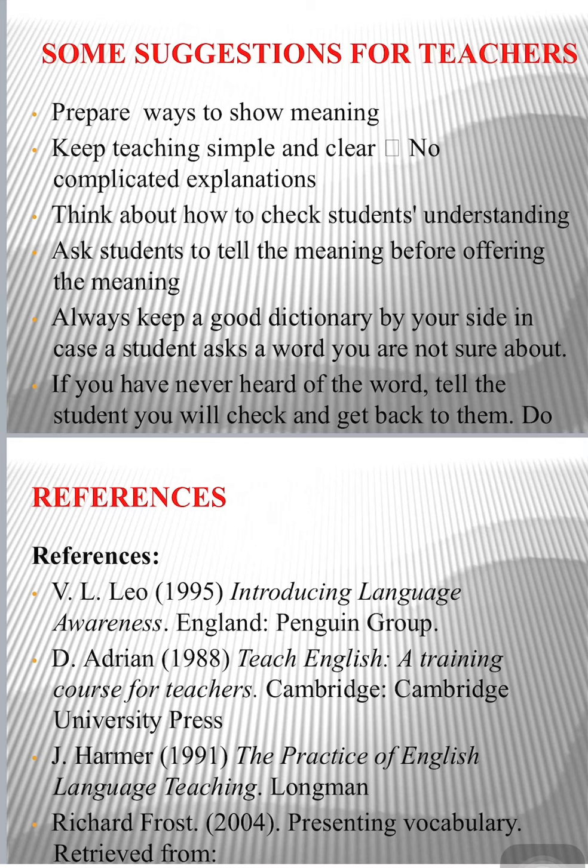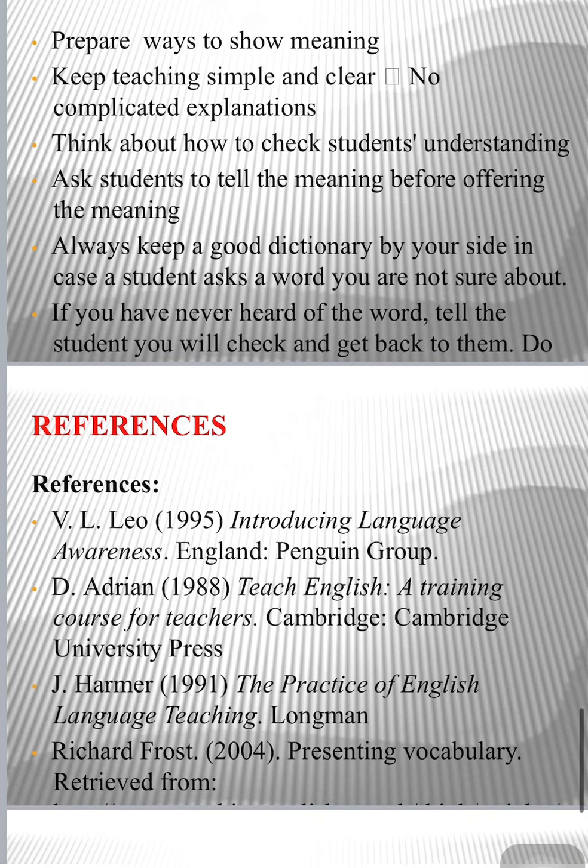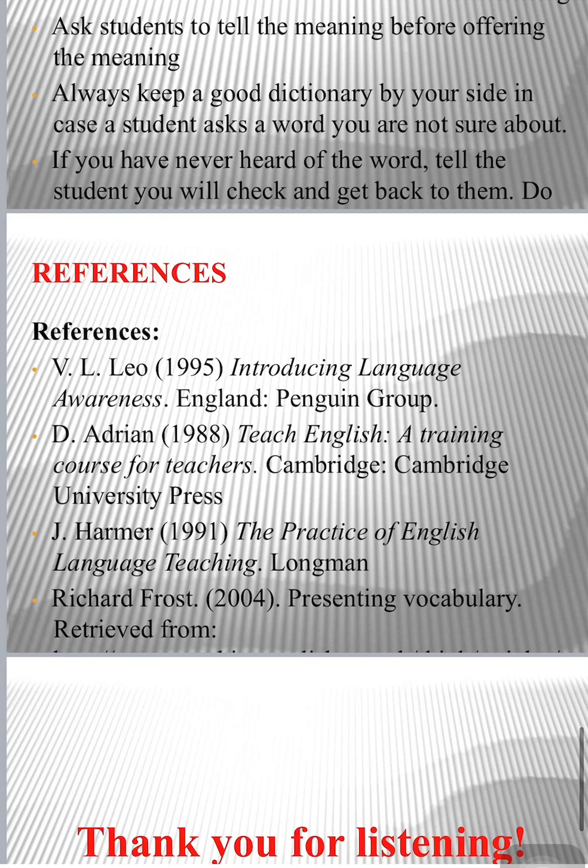We should think about how to check student understanding. We should ask students to tell the meaning before offering the meaning. We should always keep a good dictionary by our side in case a student asks about a word you are not sure about. If you have never heard of the word, tell the student you will check and get back to them.